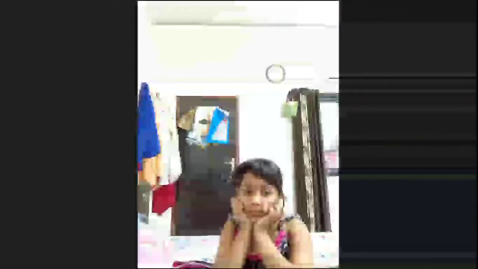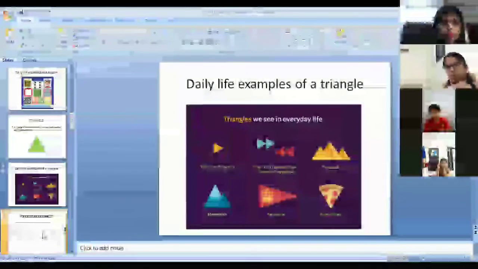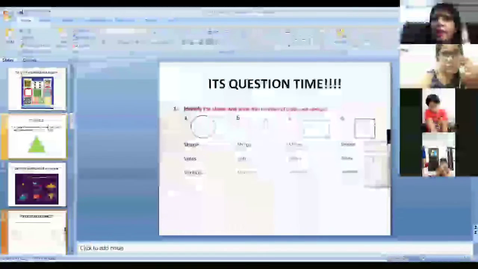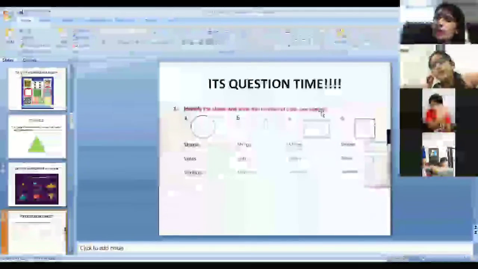So I'm going to ask you a few questions. Then we will move further with the next shape. Okay, children, it's question time now. Please identify the shape and write the number of sides and vertices.